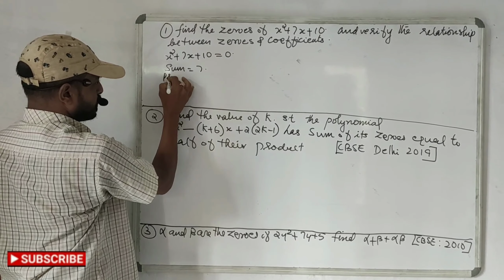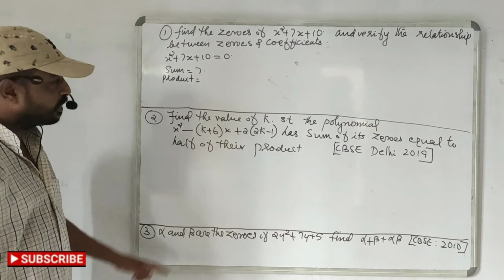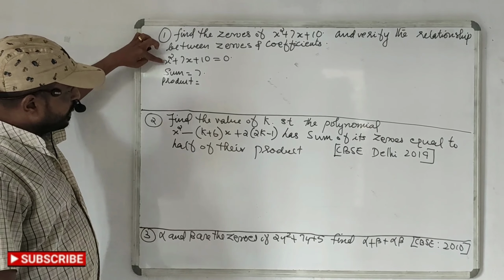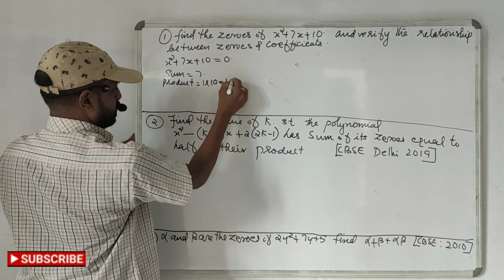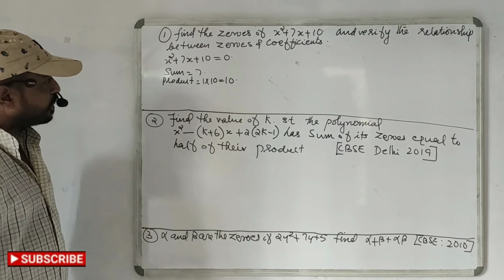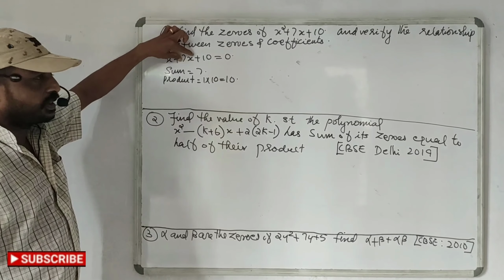And what is the product? Product is equal to 1 into 10, that is 10. In order to factorize this second degree polynomial, you will have to split the middle term.